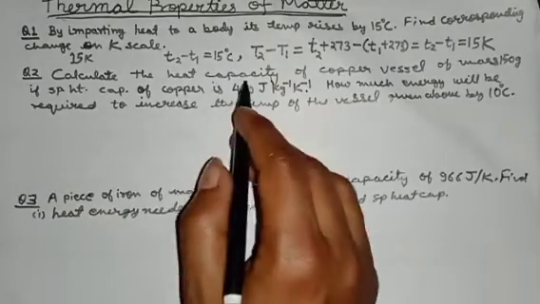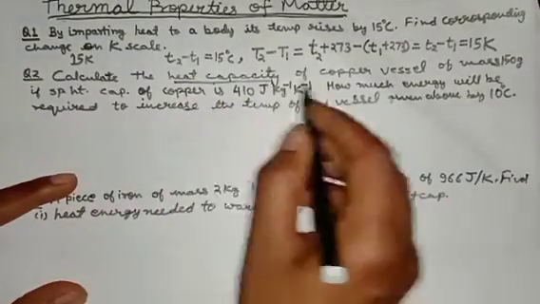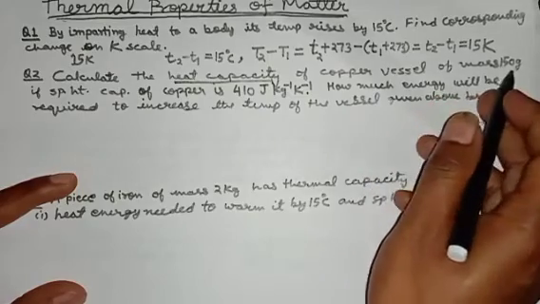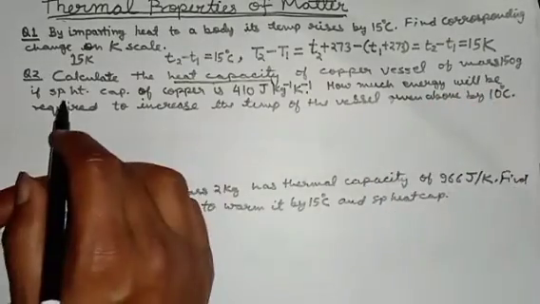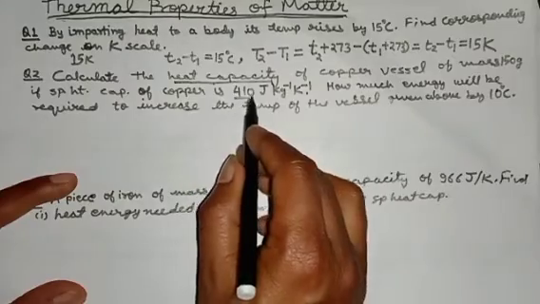Calculate the heat capacity of a copper vessel of mass 150 gram if the specific heat capacity of copper is this.